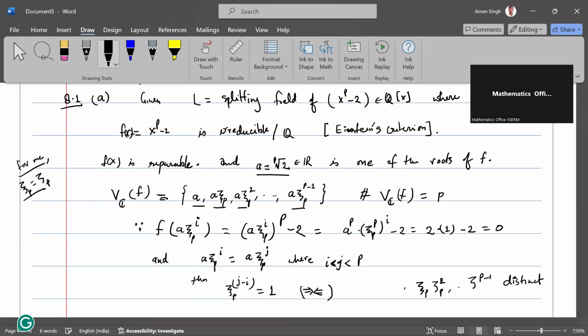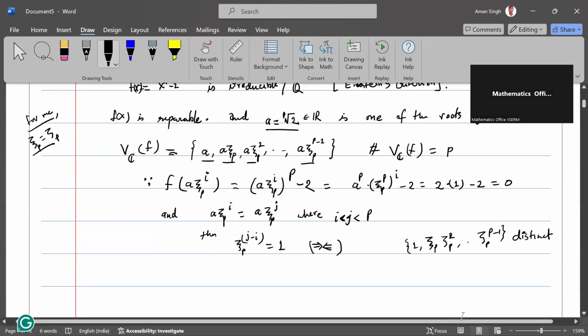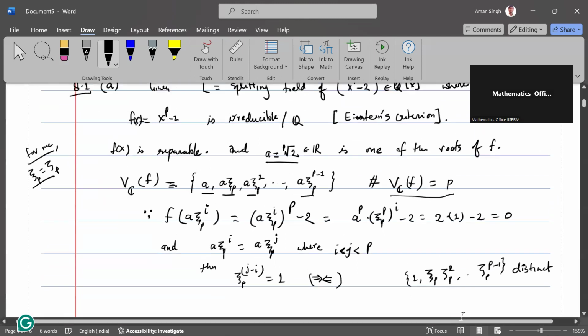Only at the p-th power, zeta power p becomes 1, otherwise not. This is a contradiction. So we have a set of cardinality p. All of them are distinct.